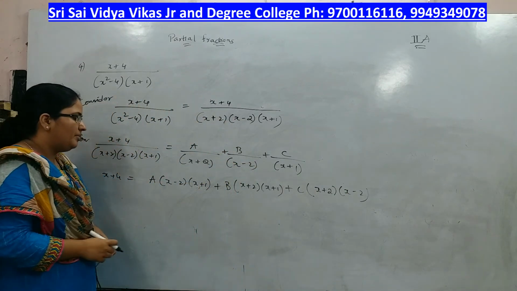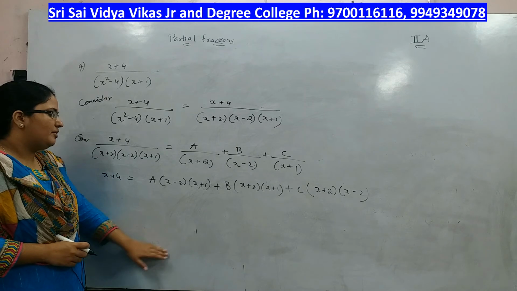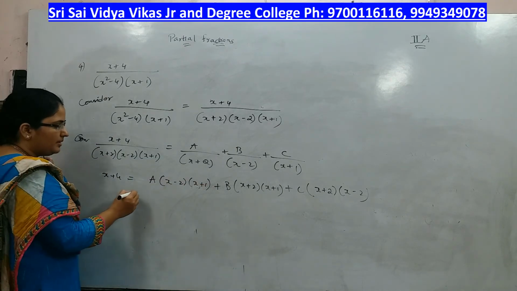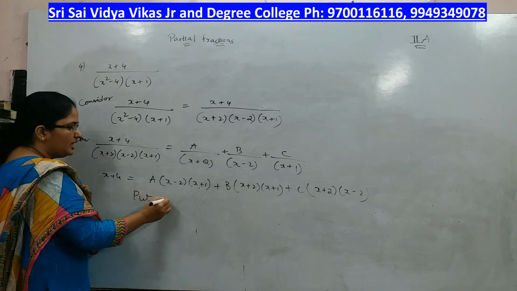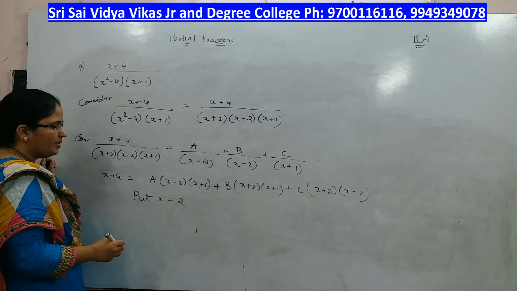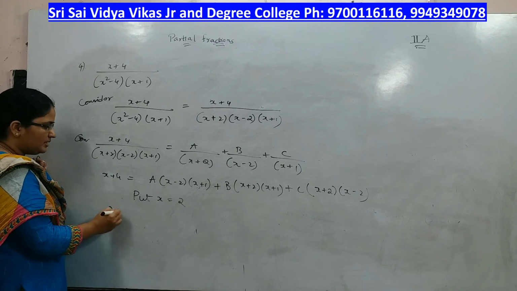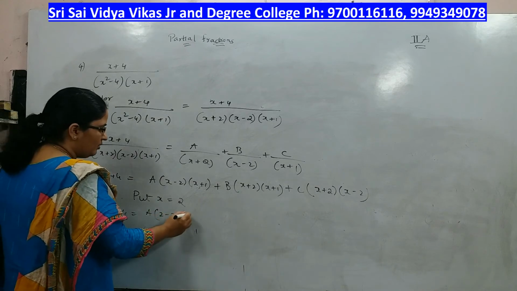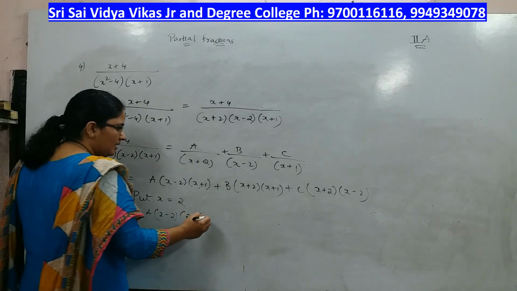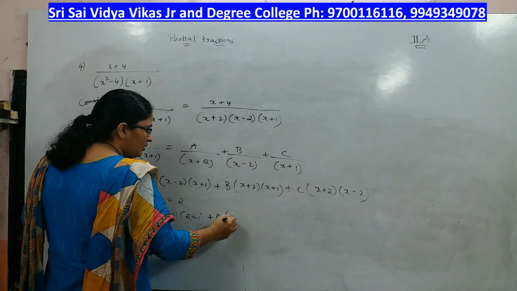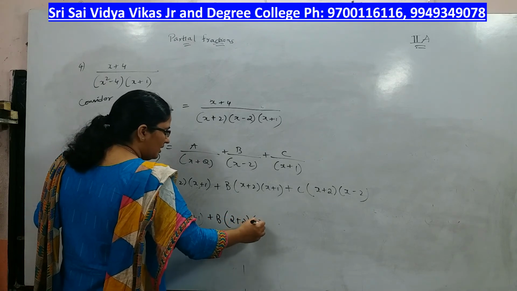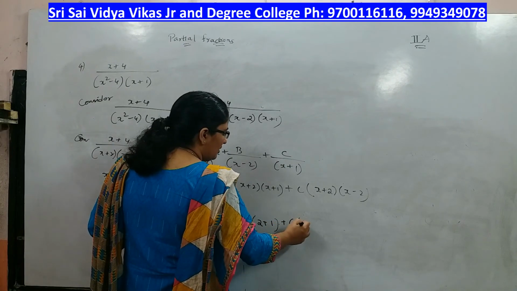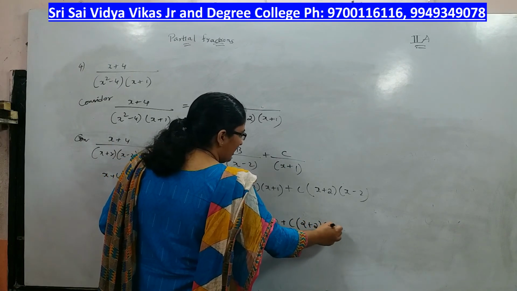Okay, now we have to find the value of a, b and c. So first one I will put x is equal to 2. If you put x is equal to 2, you have 2 plus 4 is equal to a into 2 minus 2 into 2 plus 1 plus b into 2 plus 2 into 2 plus 1 plus c into 2 plus 2 into 2 minus 2.